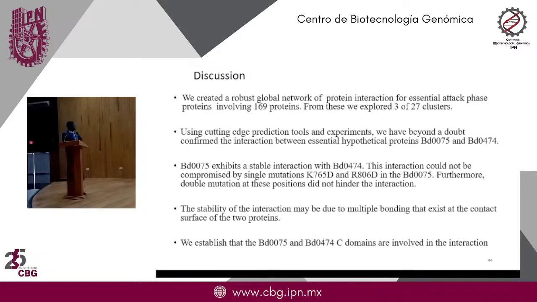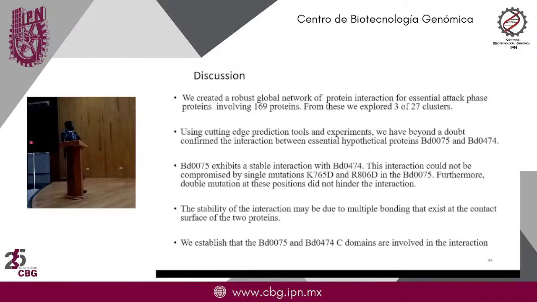75 exhibits a stable interaction with 474, and this interaction could not be compromised by single mutations converting lysine to D at this point. Furthermore, double mutation in these positions did not hinder the interaction.